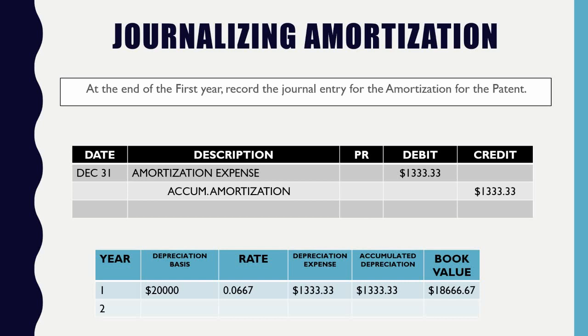I've got a question. Why is it that once we determine the book value from the first year or partial year, we don't carry that over to the next year? Because in our case it doesn't matter what our value is.